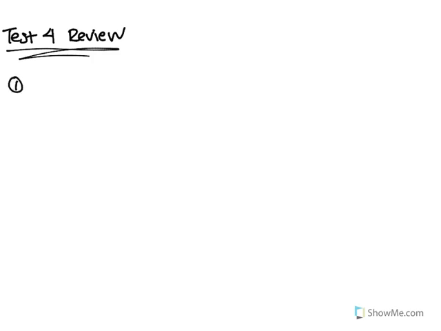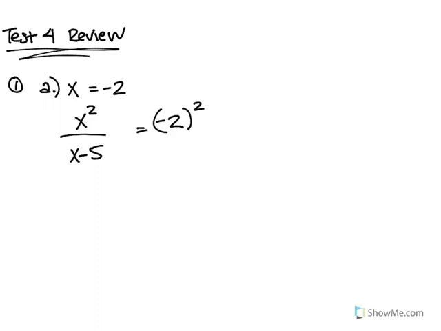So on number 1, if we allow x to equal -2 into x squared over x minus 5, then we would have, and I like to put what I plug in parentheses, but -2 squared gives you a positive 4.